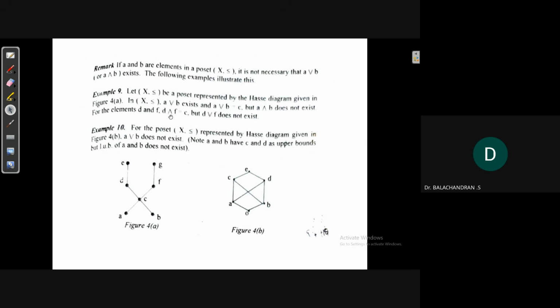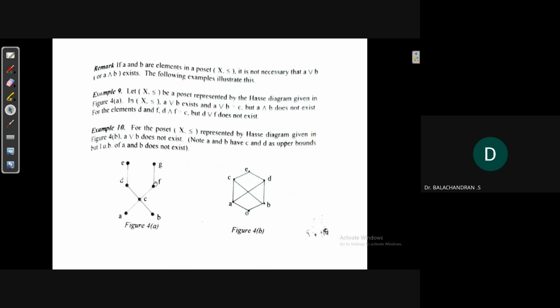Similarly, next, D and F. The greatest lower bound of D and F is what? C. But the least upper bound of D and F does not exist.